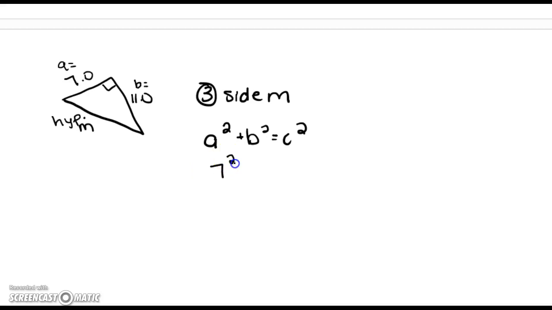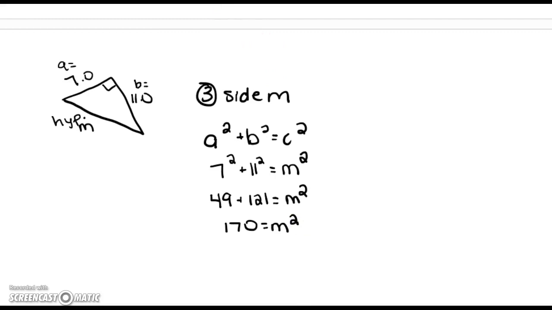Plugging that in, I have 7 squared plus 11 squared is equal to, and I'll replace C with M, which gives me M squared. Then I'm going to apply these exponents using my BEDMAS. So I have 49 plus 121 is equal to M squared. Adding the two together, you have 170.